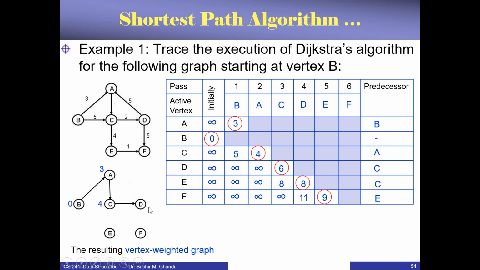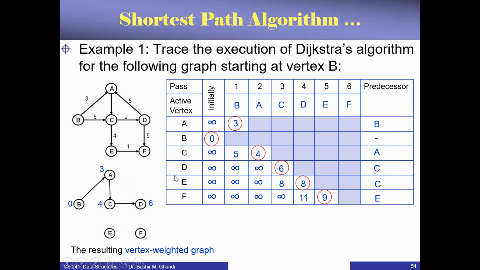So you attach the 6 on the D. Again, what you are saying is the minimal cost of reaching from B to D is 6. How do we get it? By following this path. B to A, which costs 3, plus A to C, which costs 1, so far 4, plus C to D, which will cost 2. So total is 6.